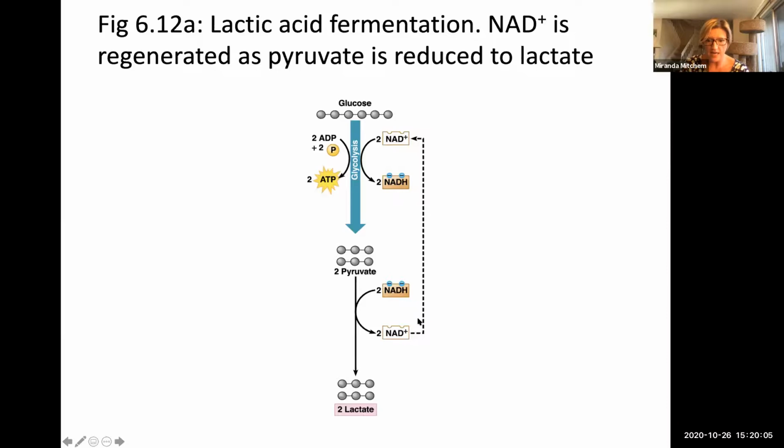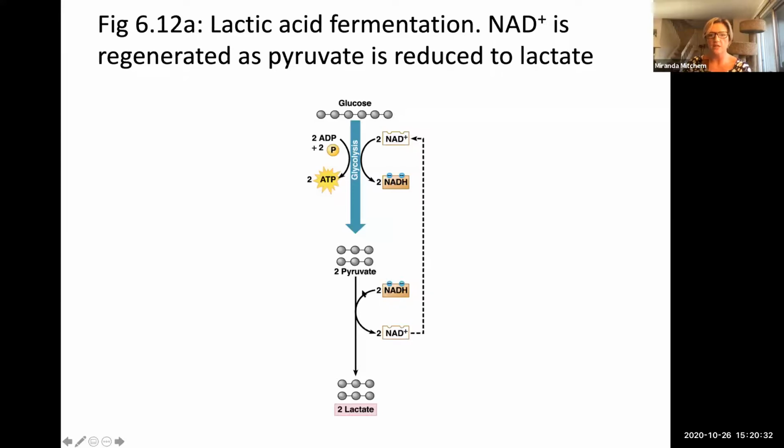And now this NAD+ molecule can be utilized to process another glucose. So that is the key difference between glycolysis and fermentation. Glycolysis produces a net production of 2 ATP. It produces 2 pyruvate. That's what glycolysis does. What fermentation does is it oxidizes the carriers so they can be used again.